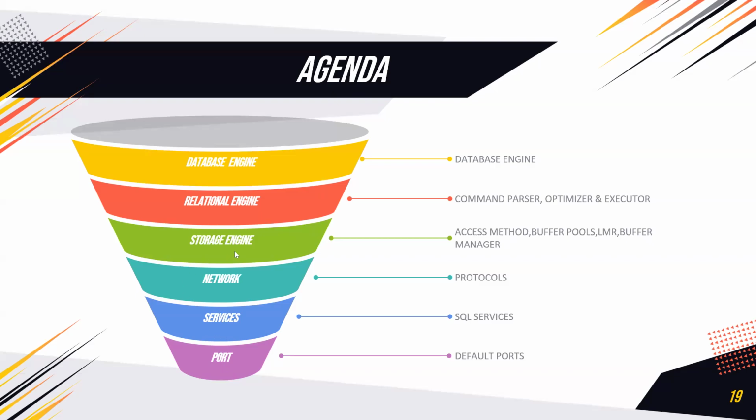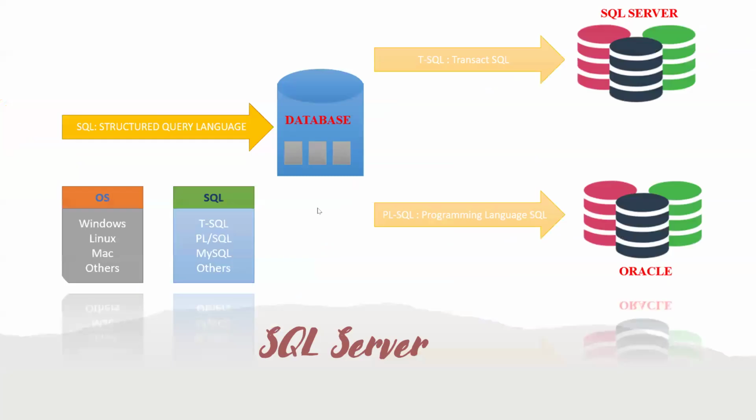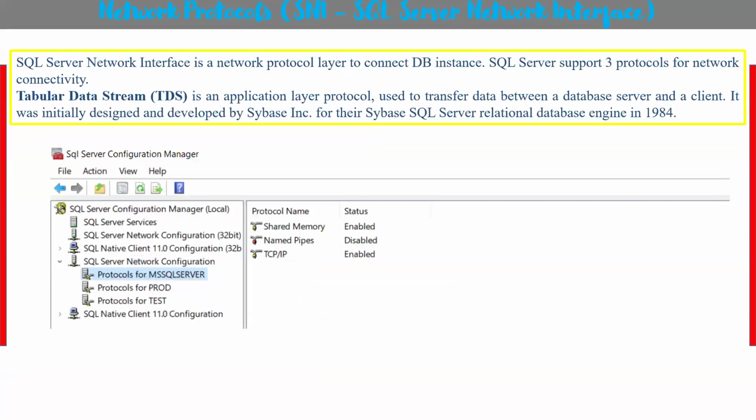So what we discussed yesterday is regarding the network first, so protocols. In SQL Server, we have shared memory, named pipes, and TCP/IP. These are the three major protocols available in SQL Server. SQL will choose shared memory when your client and server are on the same machine, then by default it will go to shared memory.